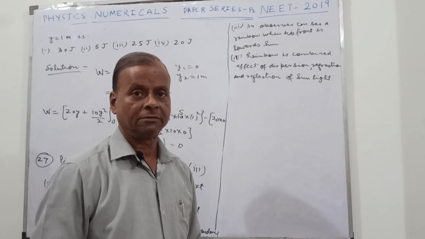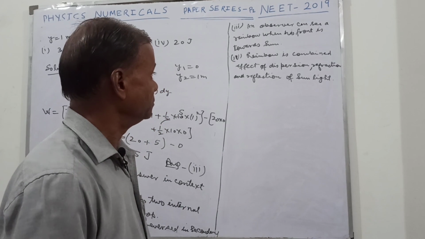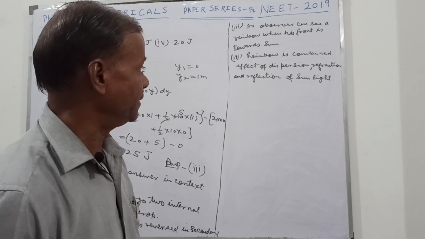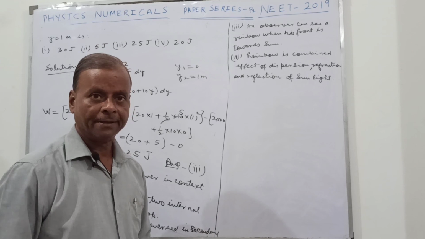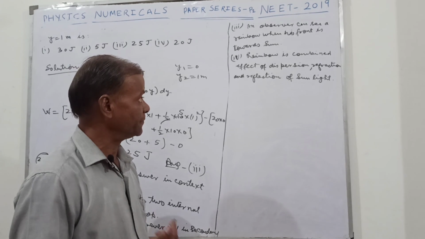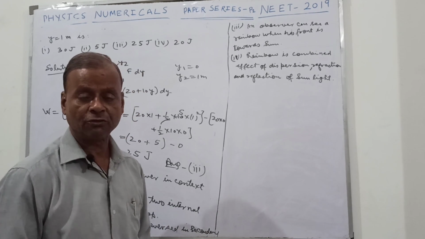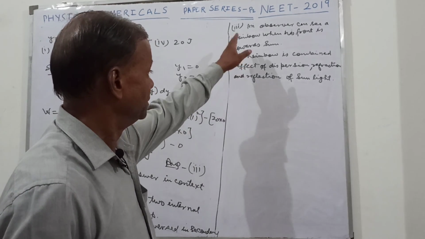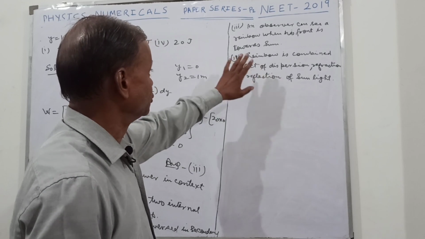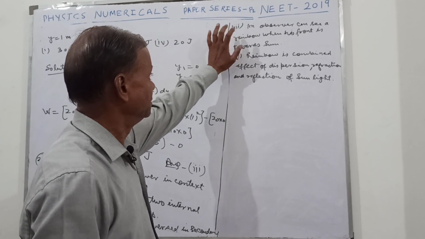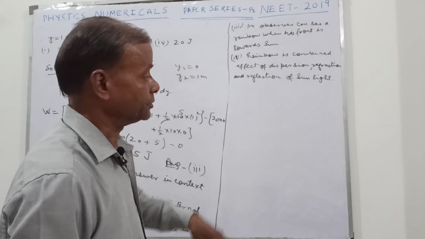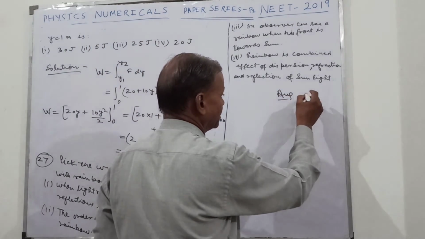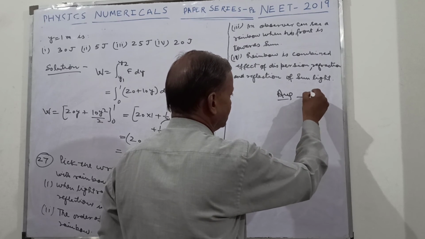It means that the third option is wrong, and rainbow is the combined effect of dispersion, reflection. This is also right. Dispersion takes place, reflection takes place, and dispersion also takes place. So this is what happens in case of secondary rainbow. So our right choice is the third option. So our answer is third.